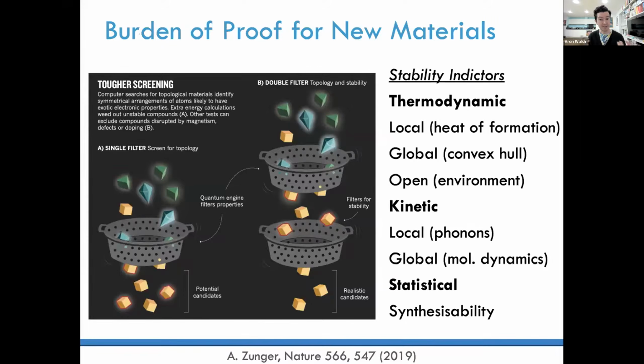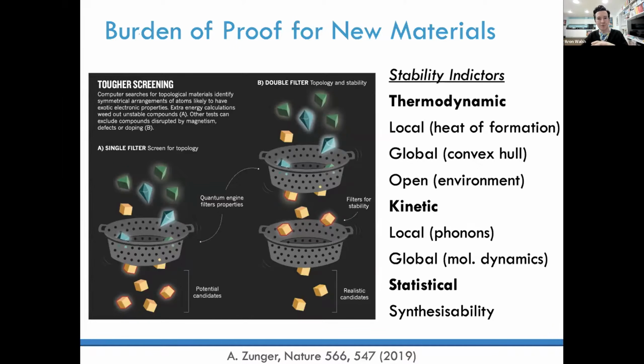You could think about molecular dynamics or maybe even Monte Carlo methods, or come up with a machine learning model for synthesizability. I think we have many indicators right now, but personally, I haven't seen a quantitative stability figure of merit or machine learning model that I'm really convinced by.